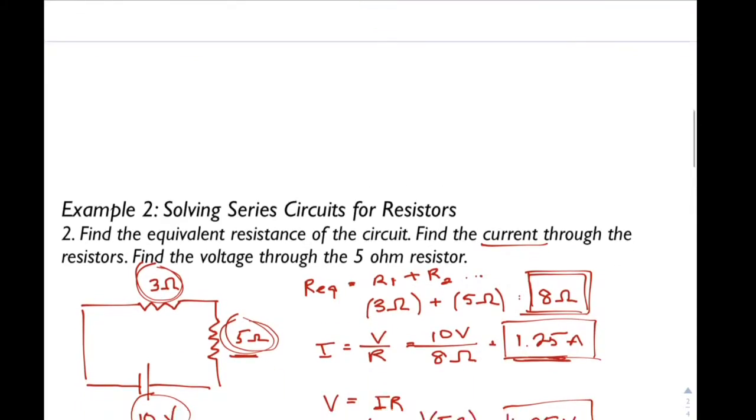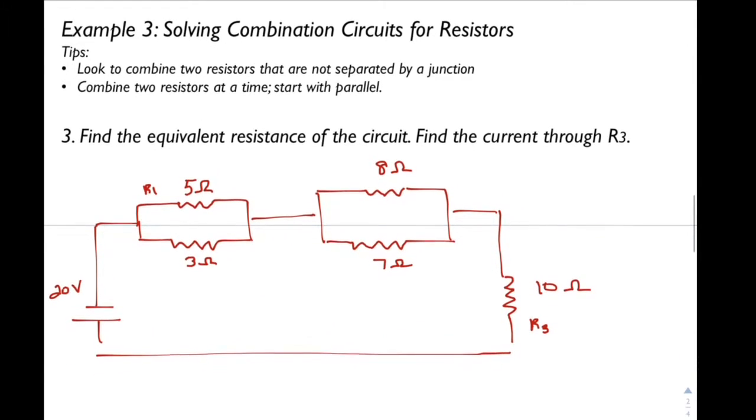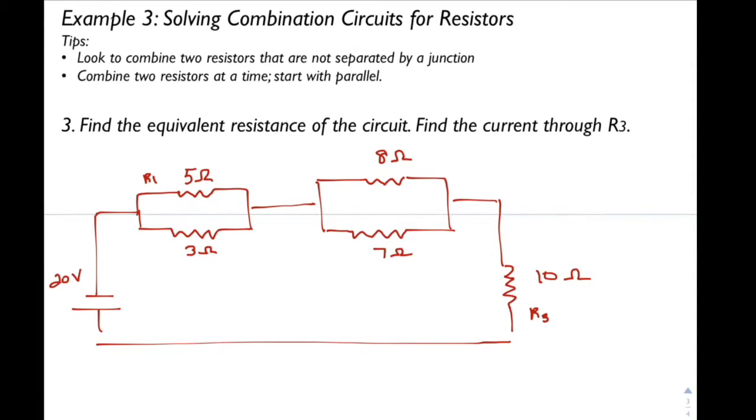So the first thing that we're going to do is talk about combination circuits for resistors. A few tips that I like to give are look to combine two resistors that are not separated by a junction. I like to start with the parallel circuits just because you have to use an equation that is a little bit more difficult rather than just adding them together when you have a series circuit.